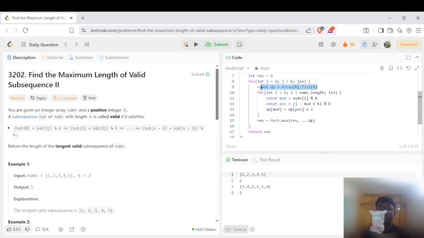So we are tracking all the possible remainder values that each num gives out, and we are increasing the specific index in the DP array, and then also calculating the maximum value.